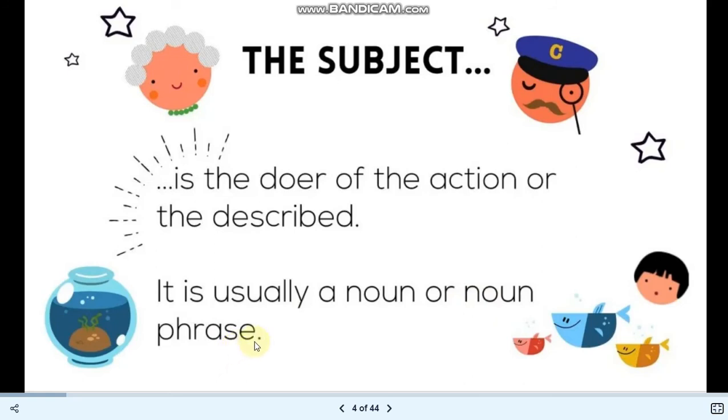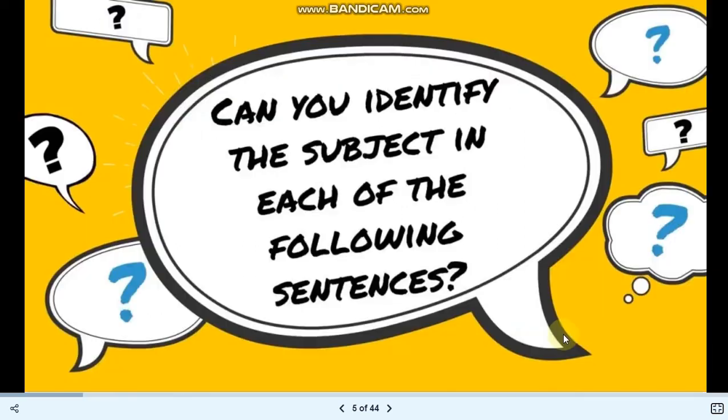It's like, for example, the old guy, the good policeman. It can be just a noun, like a fish, a fishbowl, an old woman, a policeman, a child, or a fish.